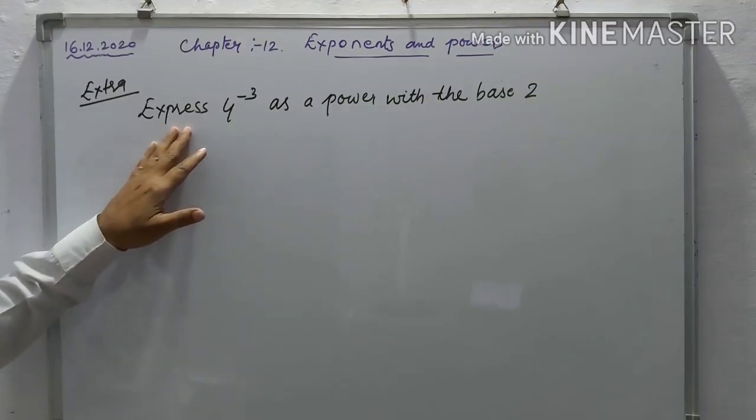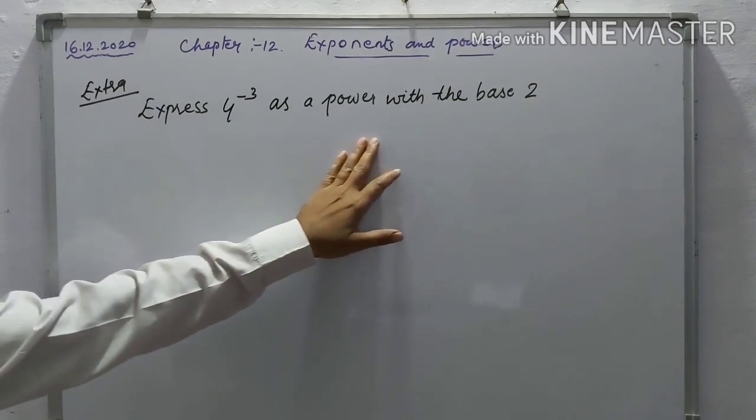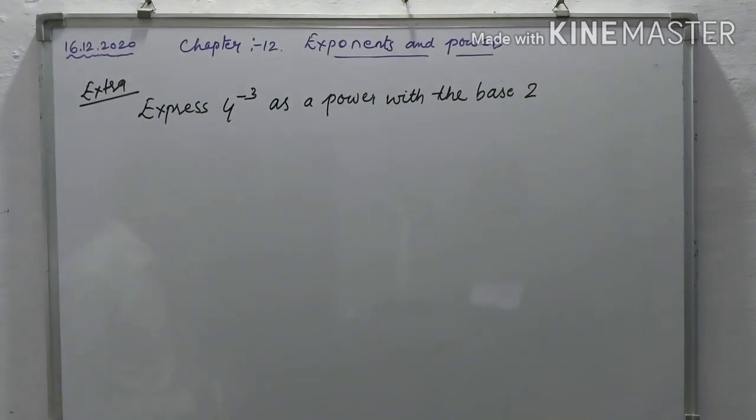The question is: express 4^(-3) as a power with a base of 2.